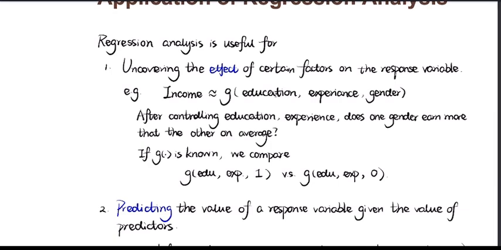Maybe I want to look at the effect of education, but I need to incorporate something that I'm going to call covariates that could also have effect on income, like experience and gender, which means what we call this in statistics is that we are actually trying to control for the effect of other variables. Because if you don't control for the effect of other variables, you're actually going to mislead.